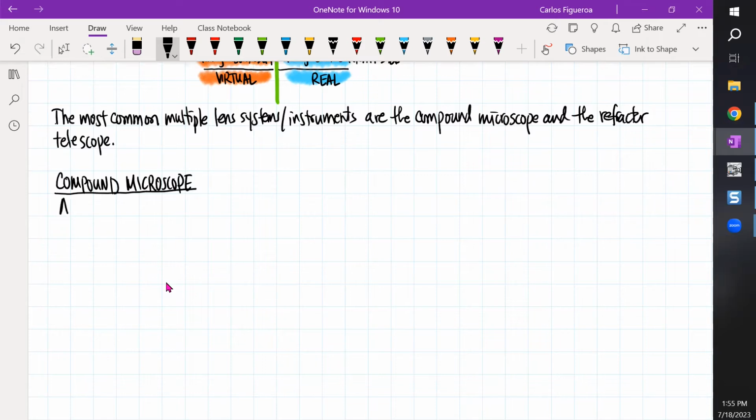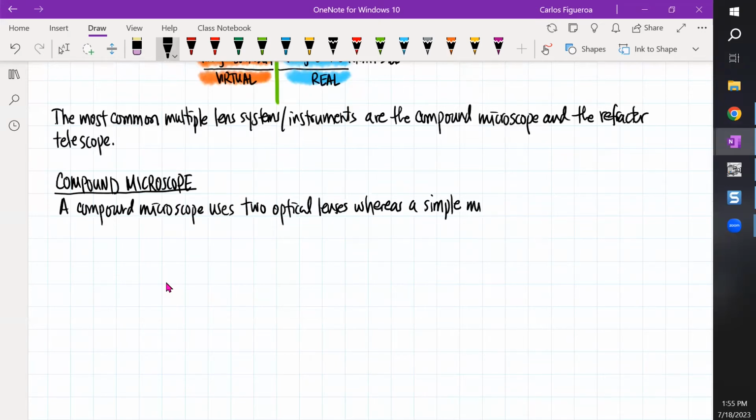A compound microscope uses two optical lenses, whereas a simple microscope is a magnifying glass or a magnifying lens.